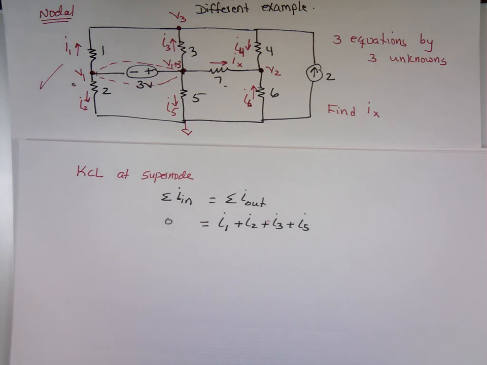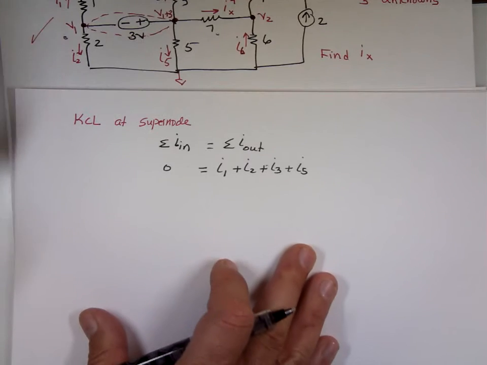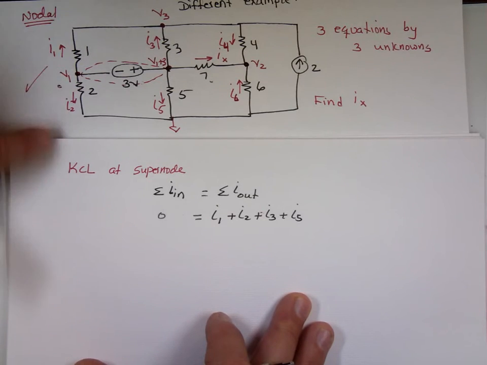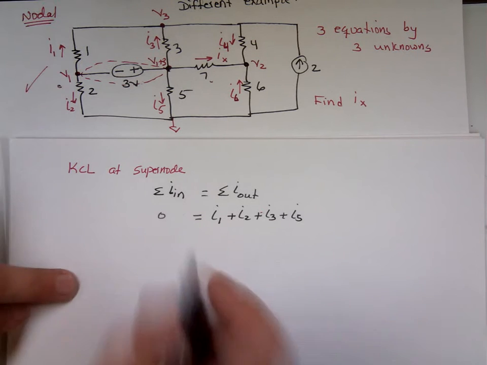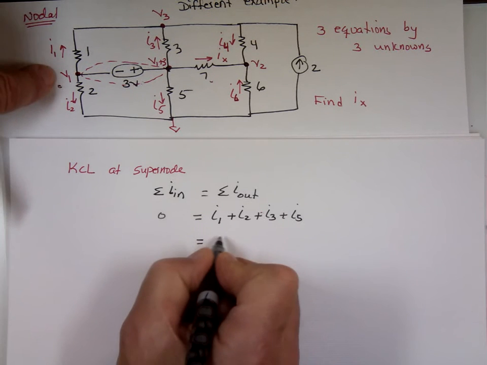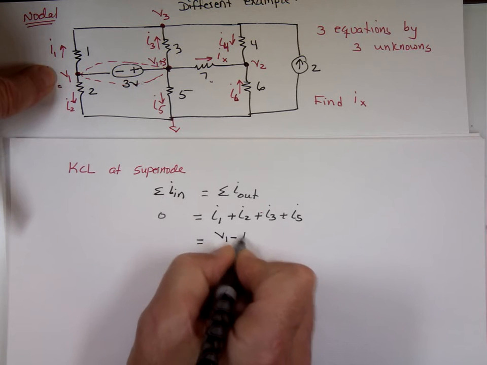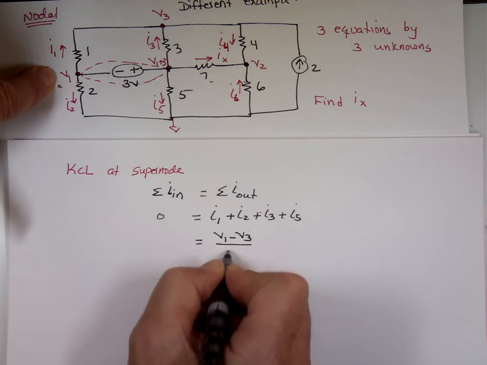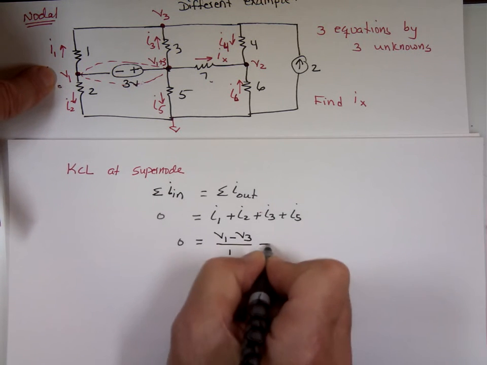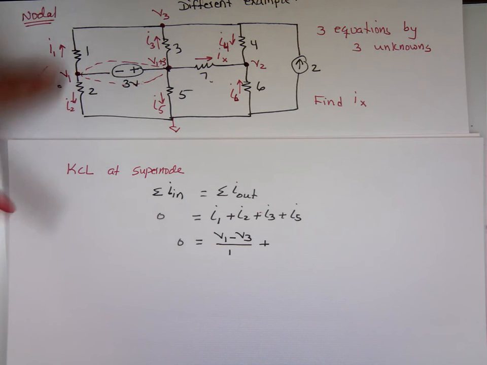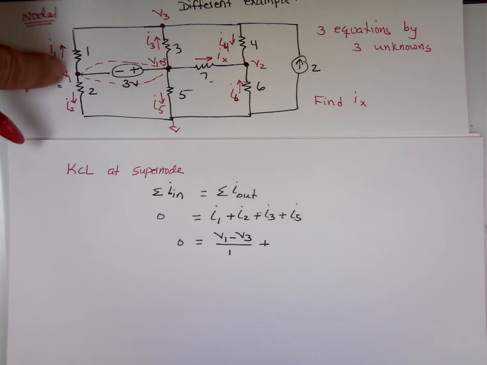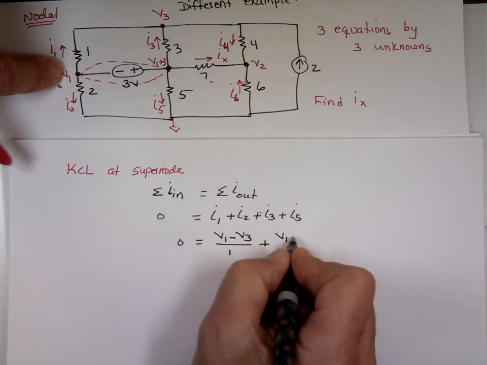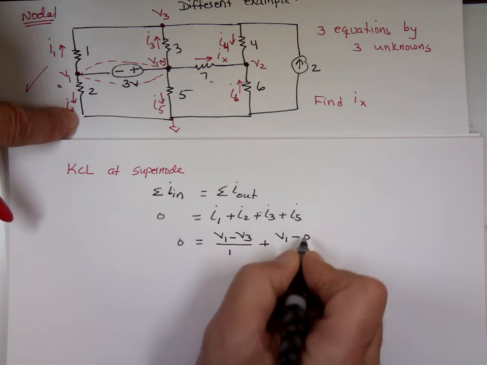Now again, look how I drew I sub 1. I sub 1 is going up, so it's this voltage minus that voltage. It's V1 minus V3 divided by 1. I sub 2, I drew it coming down, so it's V1 minus this end, which is 0, divided by 2.